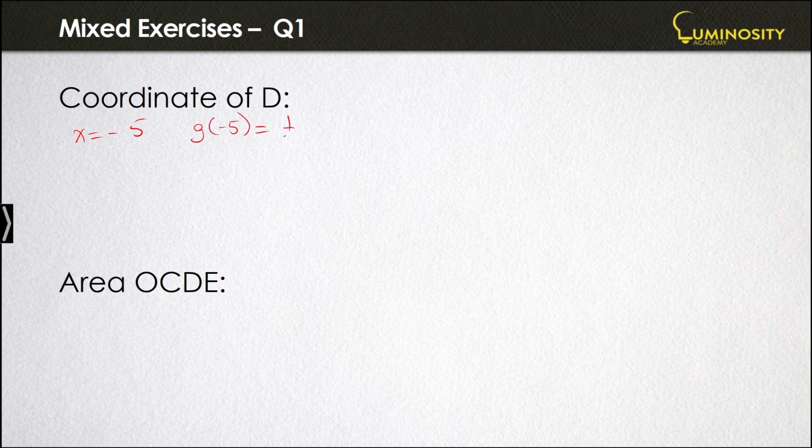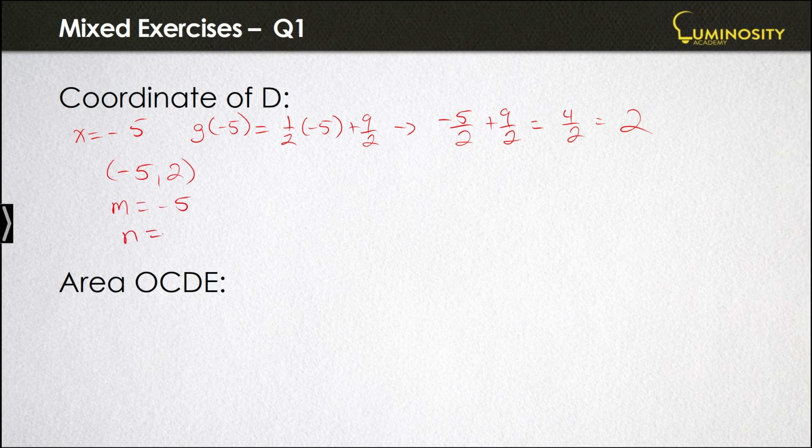That is 1/2 times negative 5 plus 9 over 2, which works out to negative 5 over 2 plus 9 over 2. They have the same denominator, so you add them and get 4 over 2, which is just 2. So the coordinates are negative 5 comma 2, in other words, m equals negative 5 and n equals 2.